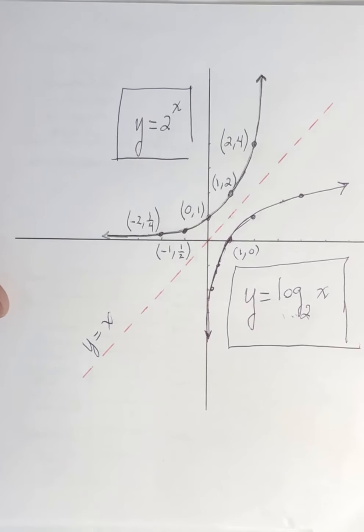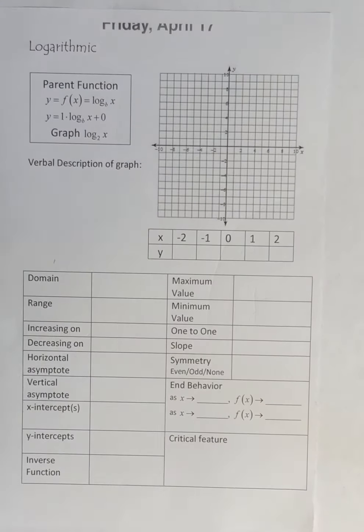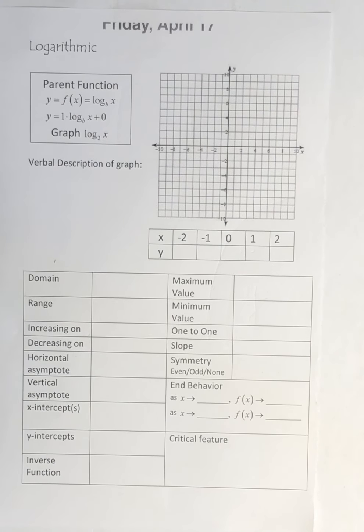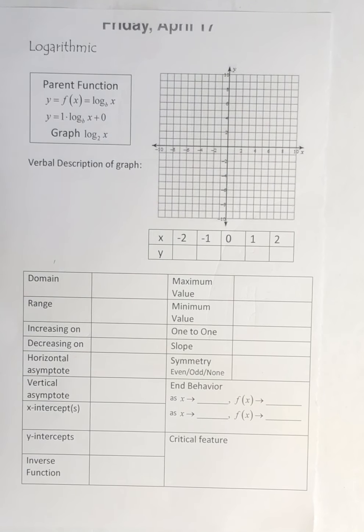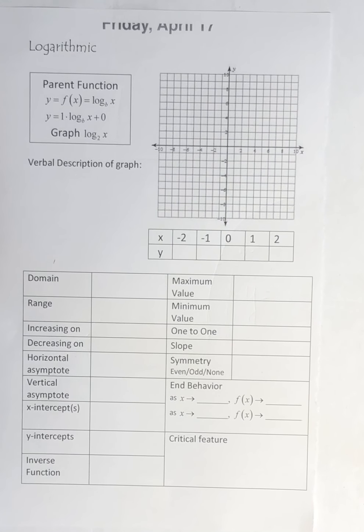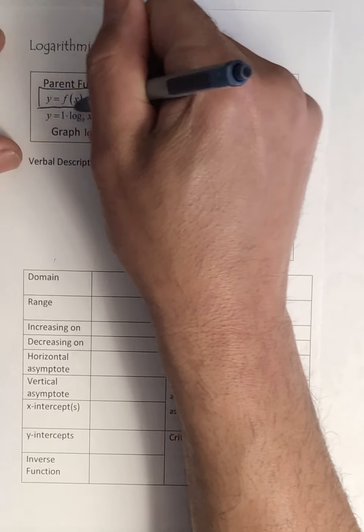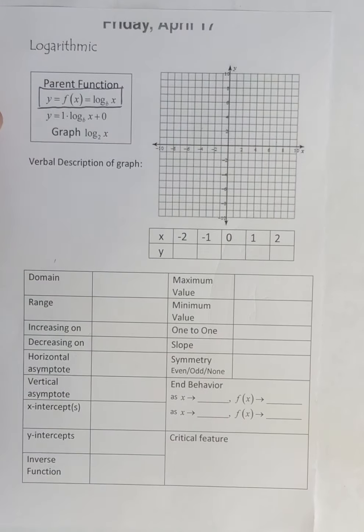Okay, so let me move on to our worksheet, and let's see if I can help fill out some of the boxes and hopefully leave some of the boxes for you to fill out. So here is our exponential function. That's the parent function.